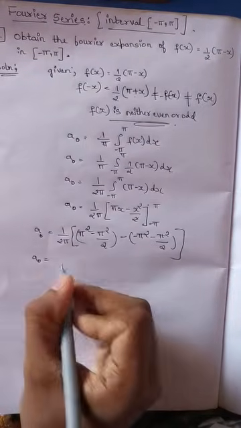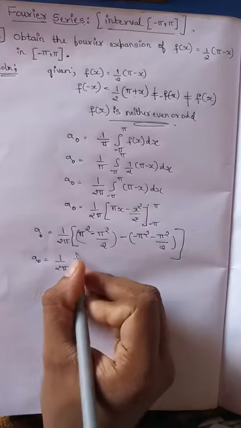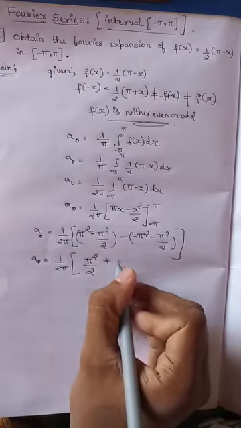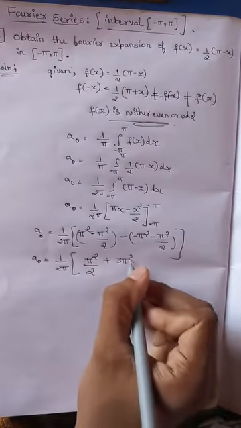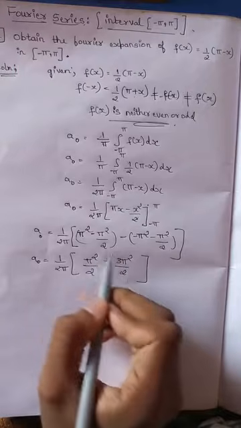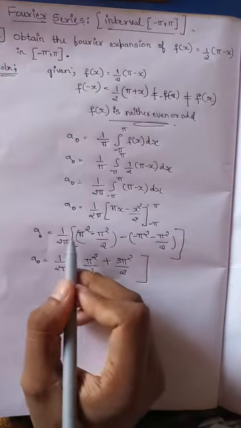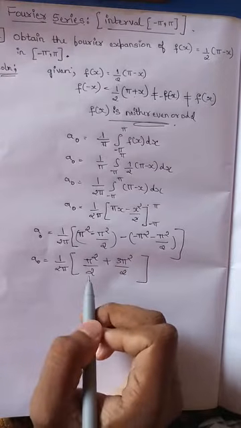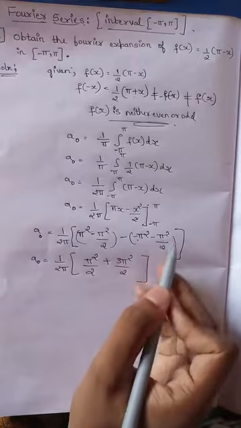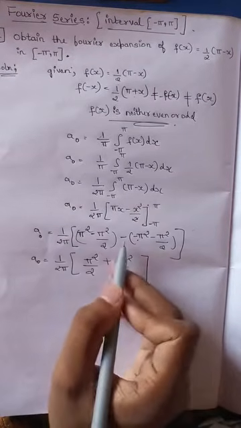So let's simplify this. Pi square by 2 plus 3 pi square by 2. So you have to multiply this. 2 pi square minus pi square by 2 will give you pi square by 2, and minus 2 pi square minus pi square by 2 will give you minus 3 pi square by 2, into minus.